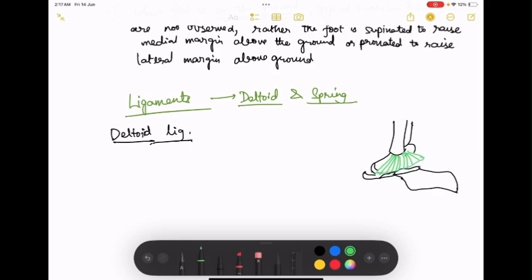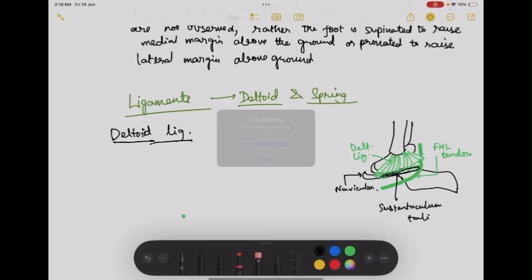See this curtain type of structure we are drawing. This is your deltoid ligament. Just draw a thick line. This is the FHL tendon, flexor hallucis longus tendon. This is the deltoid ligament. Finally, we have the navicular bone. And this ridge is the sustentaculum tali.